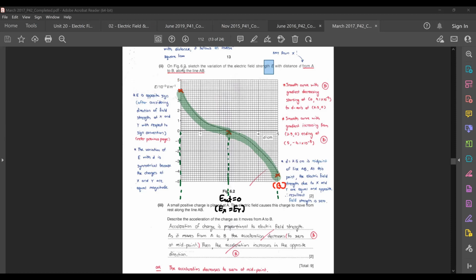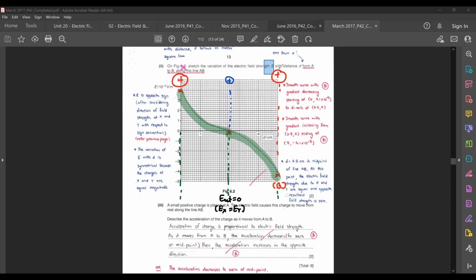This one is A, it's a positive charge. This one here is B, it's also a positive charge. So somewhere in the middle, you place a positive test charge here. Sorry, this one is X and Y. Okay, I'll just put this as X and Y first.